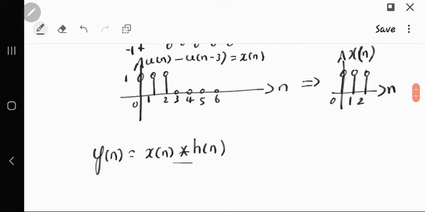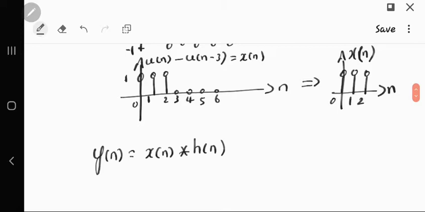From the commutative property I can go with x of n convolved with h of n, or you can go with h of n convolved with x of n. Whichever you are taking in the expression, you are writing as n minus k, and that will be the time shifted signal, and another one will be kept constant.